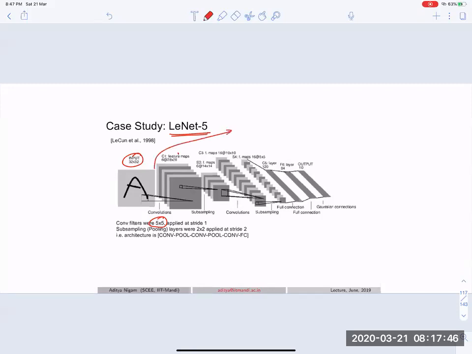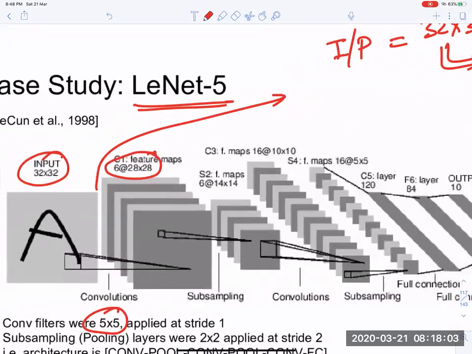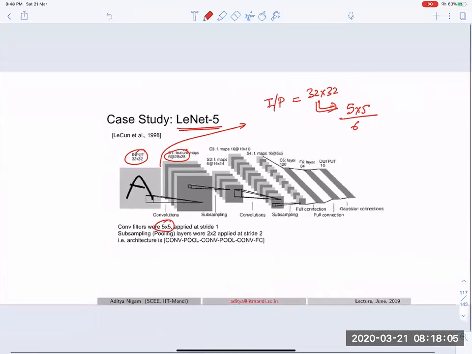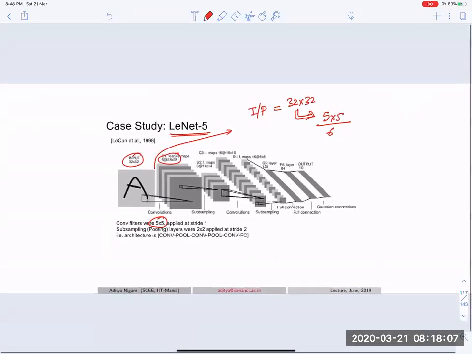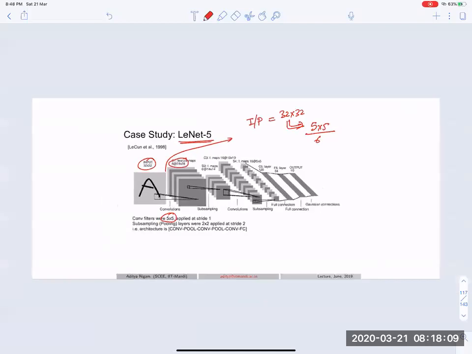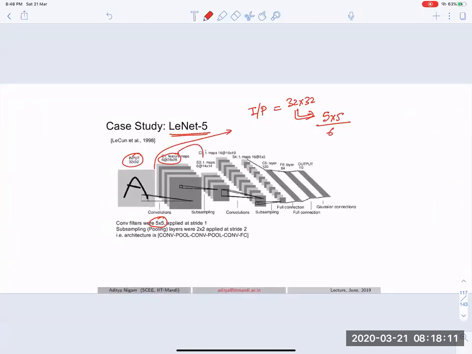So the input was 32 cross 32, and you apply 5x5, 6 such filters. That's why you get 28x28x6. And once you have this 28x28, you do the max pool. If you do the max pooling, you are going to get 14x14.